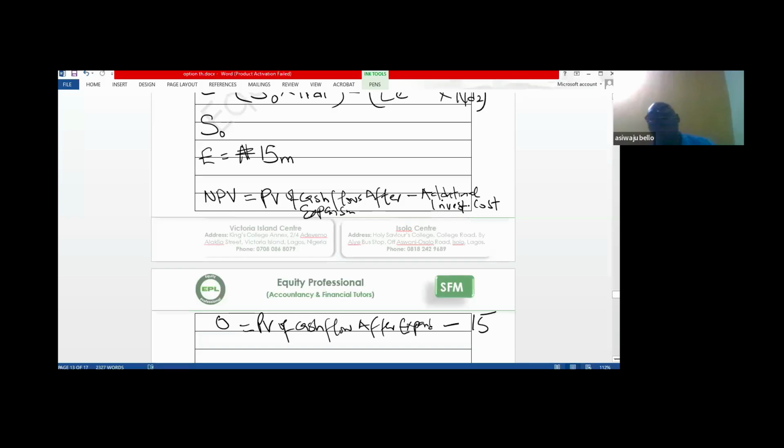If I invest 15 million after expansion, my expected NPV is 0. That means the present value of future cash flow after expansion must give me 15 million. 15 minus 15 gives us 0. I've resolved that.